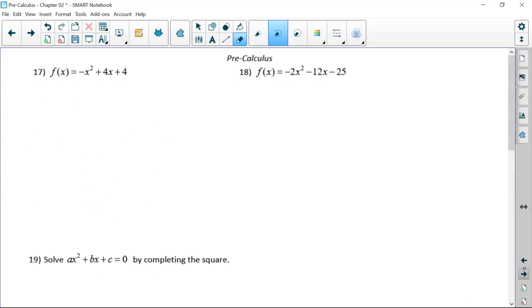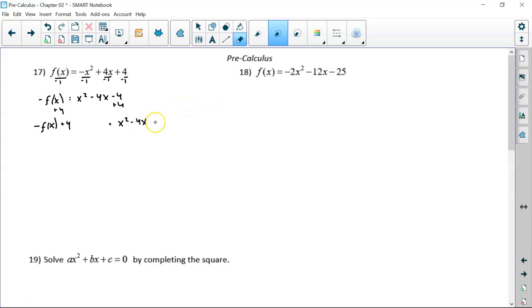We'll do 2 more, 17 and 19. So for number 17, same thing. We're going to start by dividing everything by negative 1. So I get negative 1 times f of x equals x squared minus 4x minus 4. Need to isolate, so I'm going to add 4 to both sides. Negative f of x plus 4, leave some space, equals x squared minus 4x.